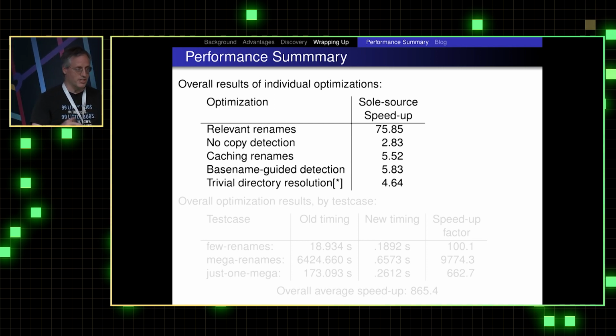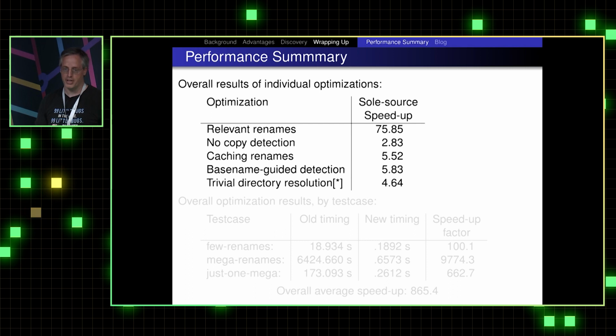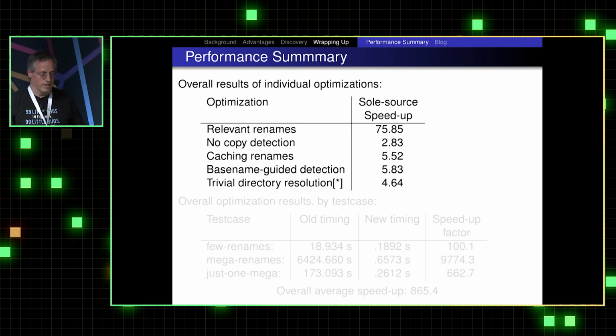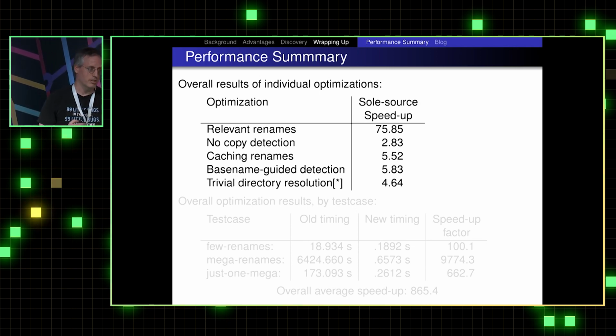Some of these optimizations also depend a little bit on cases like the caching renames only helps out for rebases and cherry picks where you're doing more than one commit. And there are 2 optimizations, the no copy detection and the base name guided detection, that actually help for things other than merges like diffs.